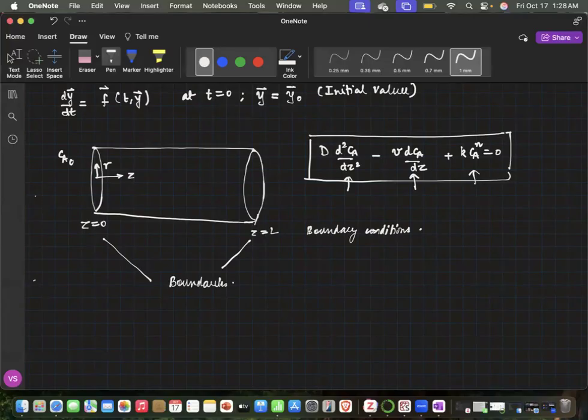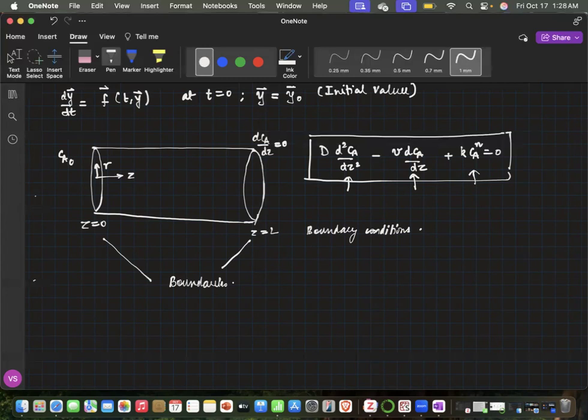So at this end of the pore, we assign a no flux condition, so basically dC_A by dz is equal to 0. These are physically the most relevant conditions. So we have a fixed concentration condition at z equals 0 and a no flux condition at z equals L.